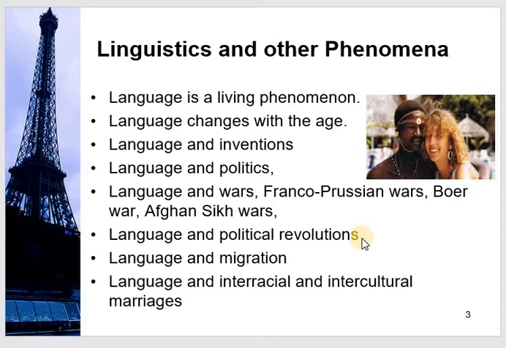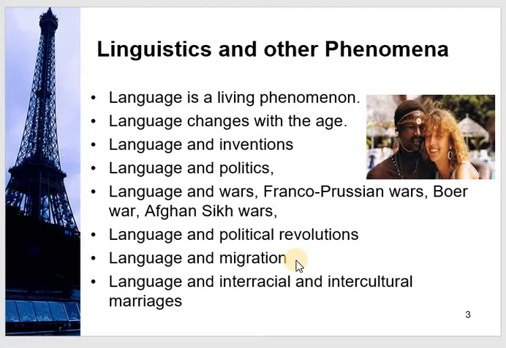So pure Turkish language, pure Turkish script was introduced and other foreign influences were removed, foreign words were removed. The result is there was language change. So there was a big language change in Turkey when the Ottoman Empire was broken.